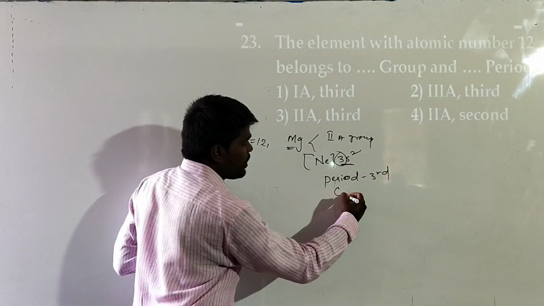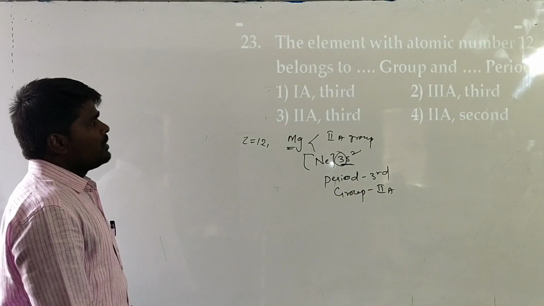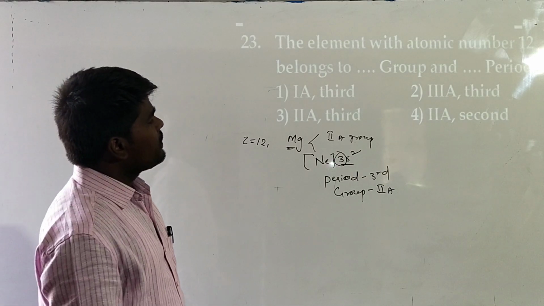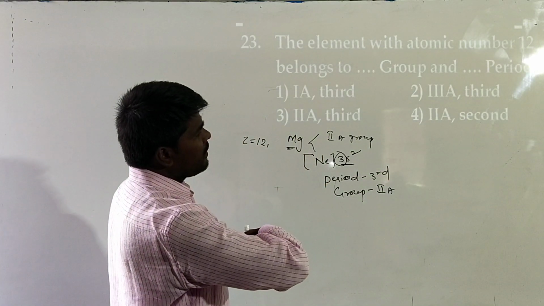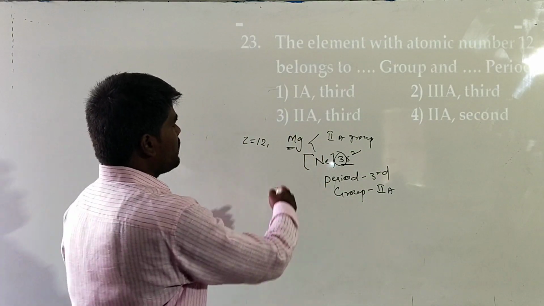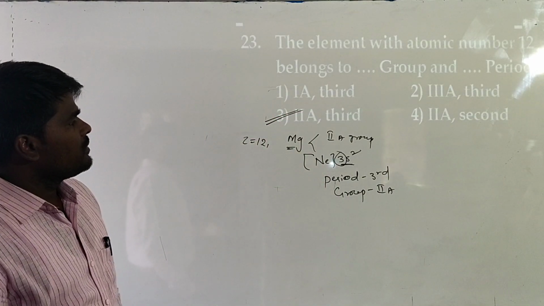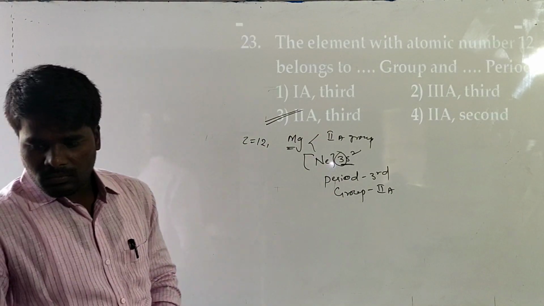And the group it belongs to is the second A group. Now, if you have an option, we will go with that. Is there any option? Yes, here we have the option: second A and third period. This is the group number and this is the period number.